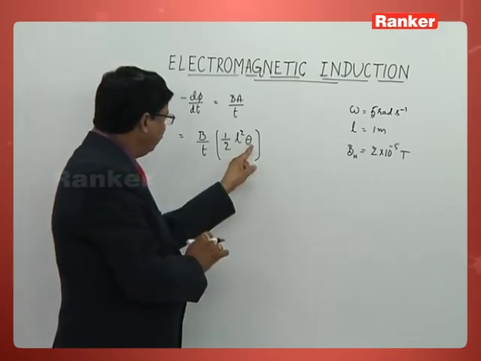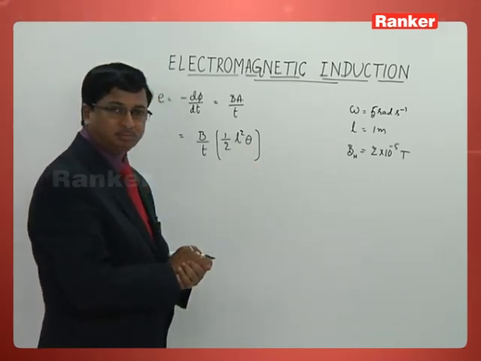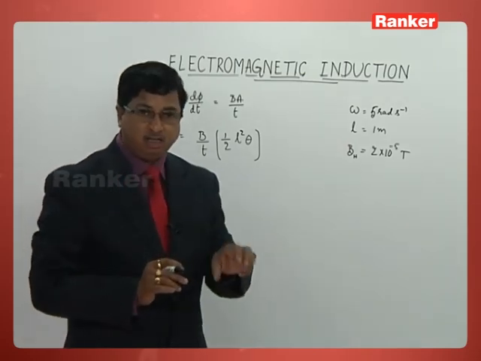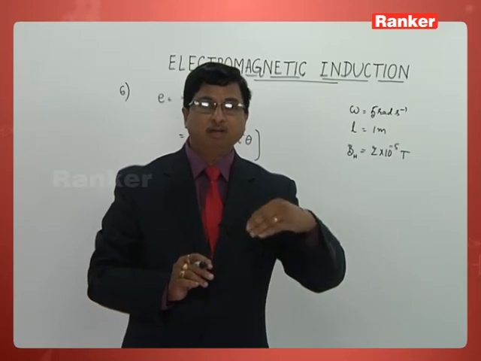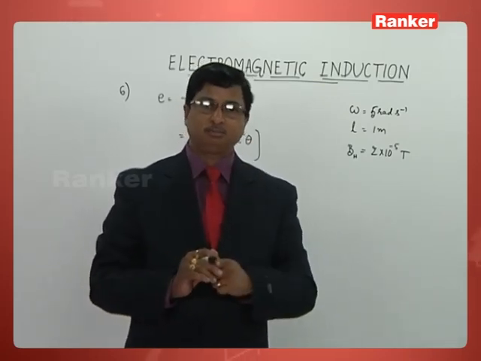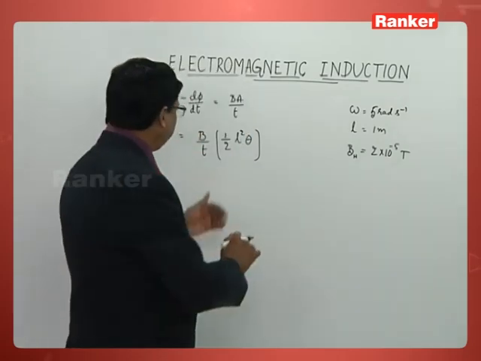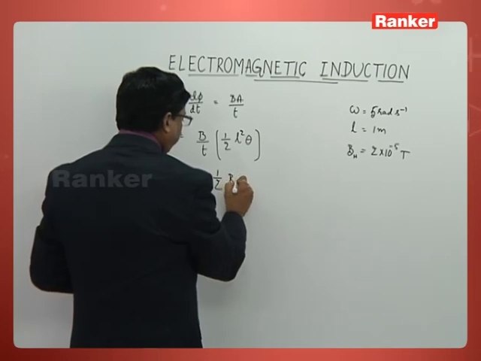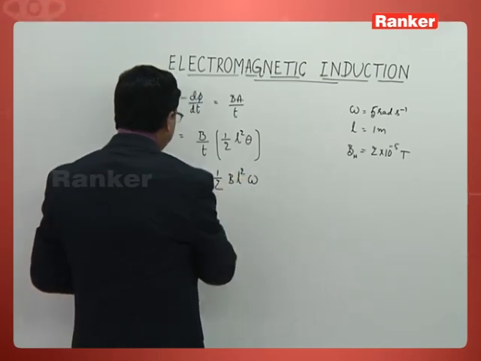But what is this theta over T? Nothing other than angular displacement by time, which is called angular frequency or angular velocity in this particular case. So you can directly write the same equation this way: half BL square omega.